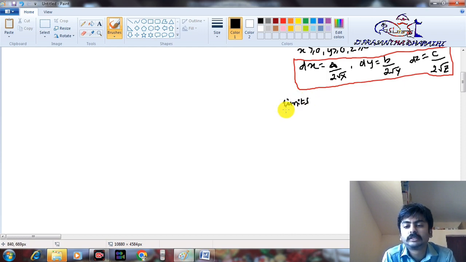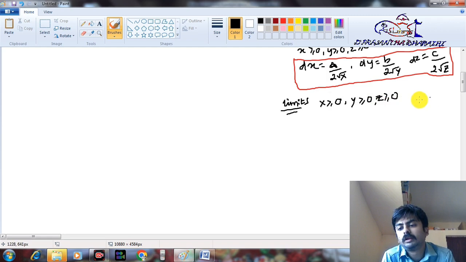Since x greater than or equal to 0, capital X also greater than or equal to 0, capital Y greater than or equal to 0, and capital Z greater than or equal to 0.